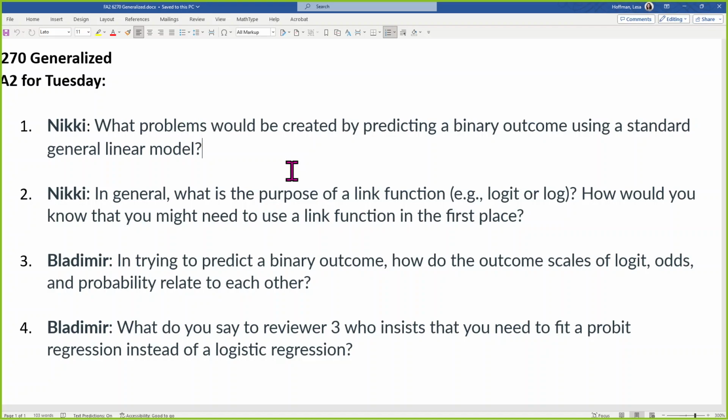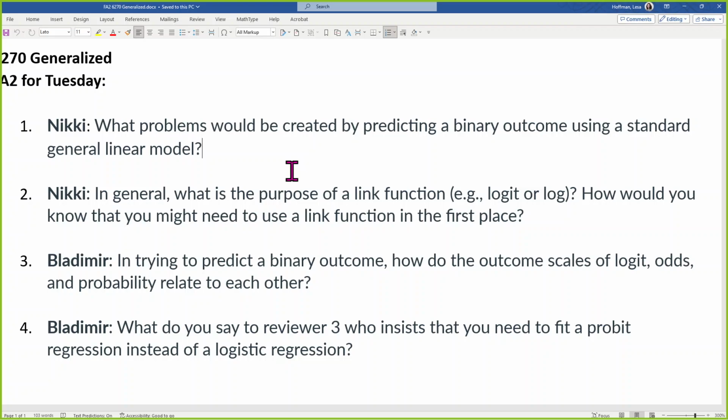I have a bonus question that wasn't on the formative assessment. If we want to go, so a link transforms you from the model scale, am I doing this right? Model scale to link transformed. If we want to go the other way from link transformed back to our data scale, what's that called?